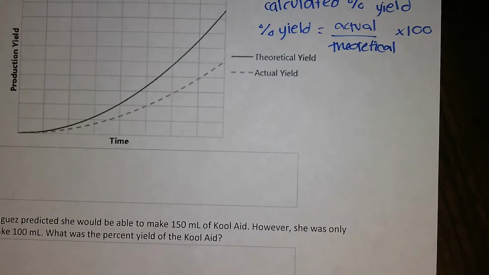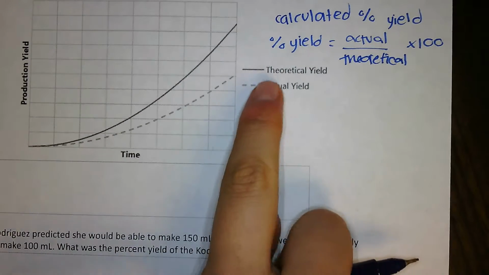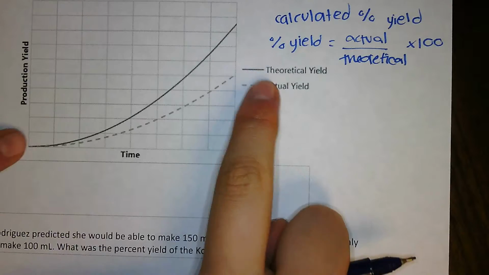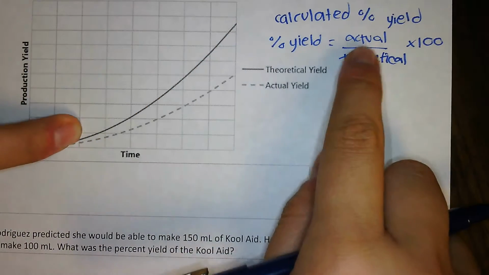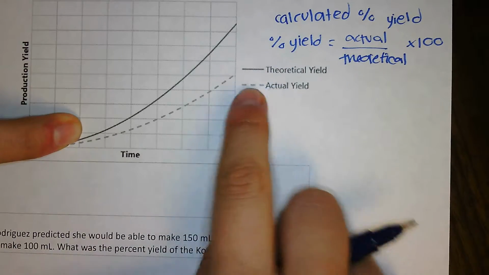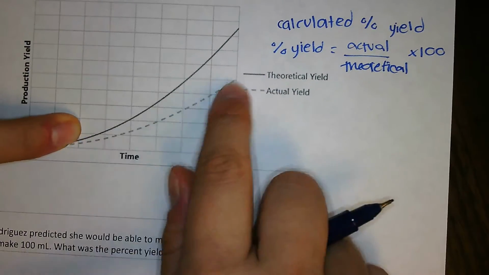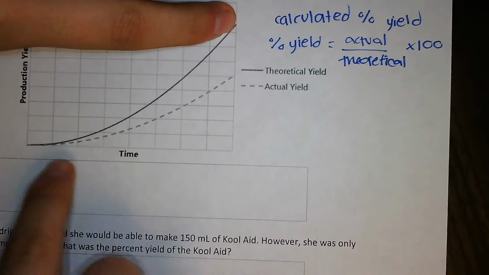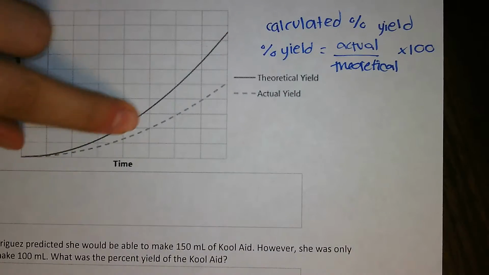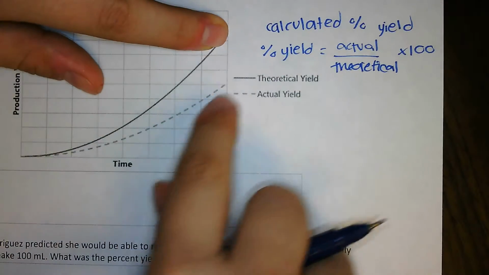All right, so in this graph, I see that the theoretical yield is represented by this solid line. So this one is my theoretical yield. But my actual yield, the dotted line, is below it. So there is a difference between theoretical yield and actual yield. What I expected versus what I got.